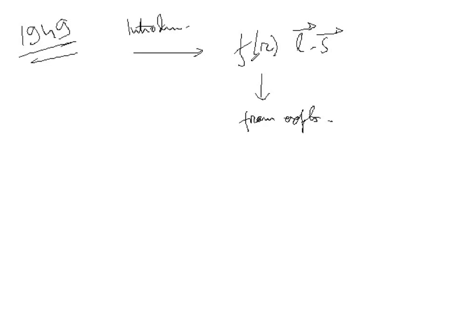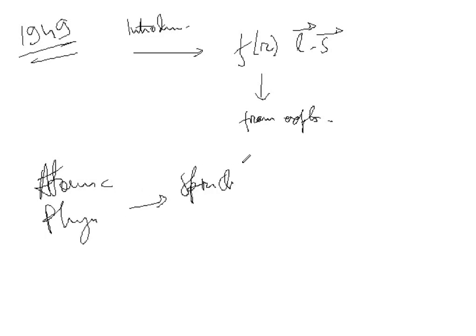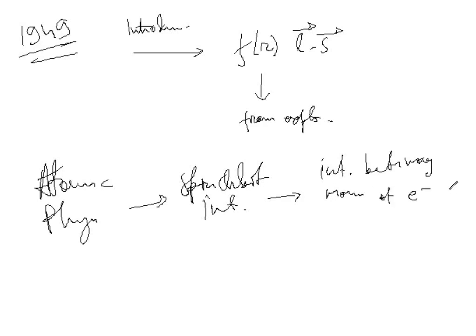The reason is the interaction between the magnetic moment of electrons and the magnetic field created by orbital motion.